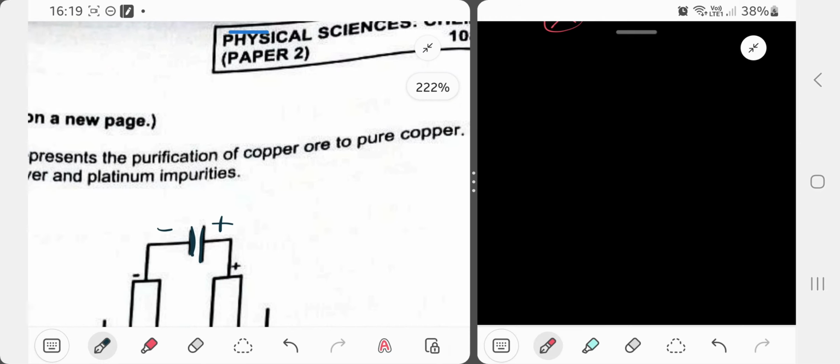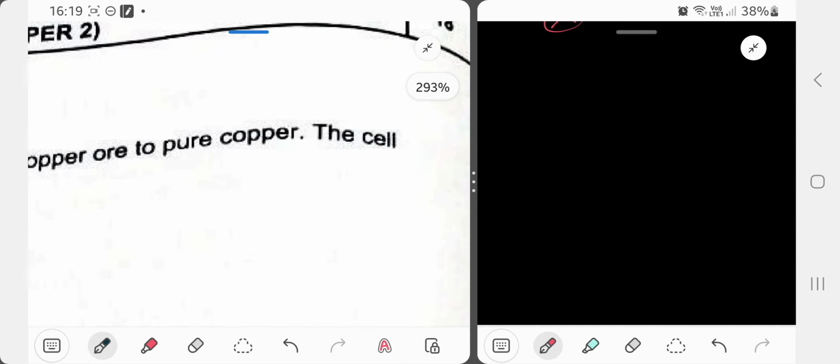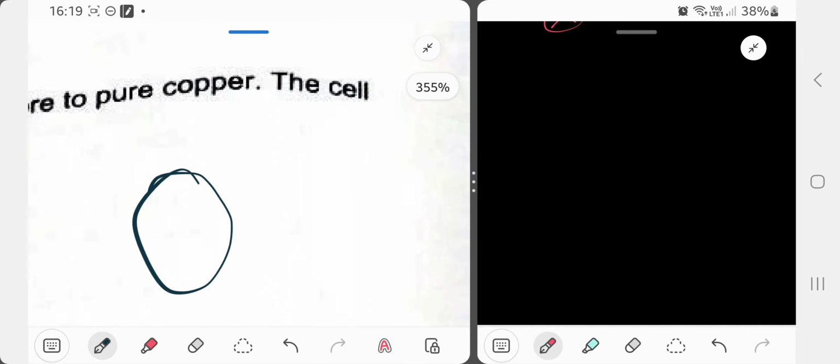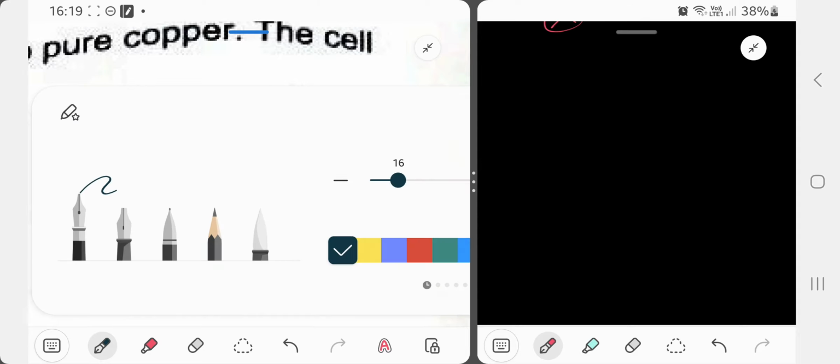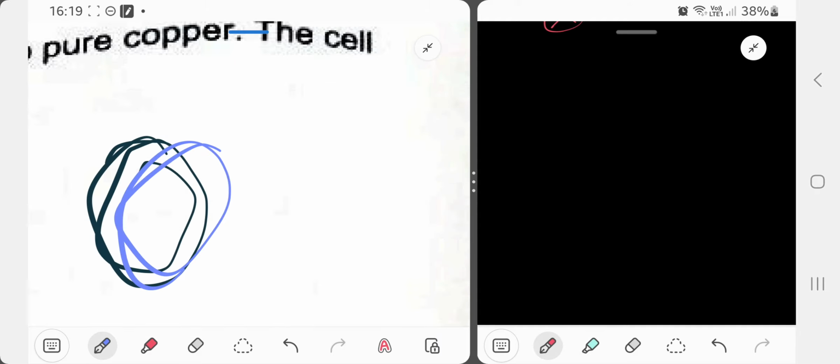Under electrolytic. And what happens is that we're going to take something, we're going to mine something somewhere, right? And that something has impure copper in it, and it also has pure copper in it. But what we want to do is take this thing and take out the percentage of copper that is pure, and extract it, right?